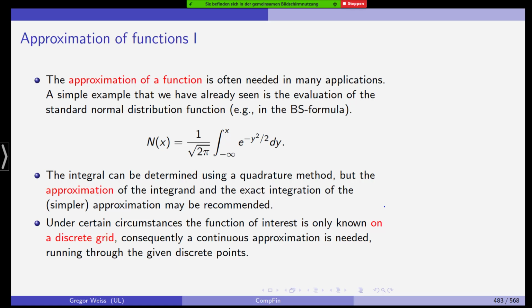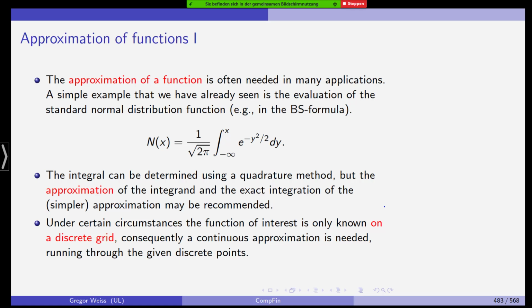And on the next slide, you will see how actually you can calculate an integral using function approximation. So what can be done is you can use quadrature, but the approximation of the integrand and the exact integration of the simpler approximation may be recommended.